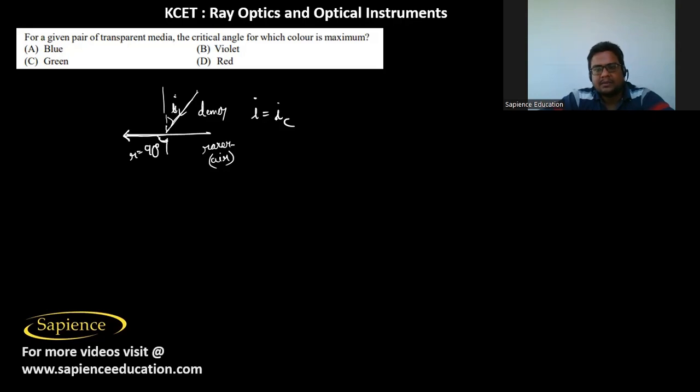The critical angle will be iC if the angle of refraction in the rarer medium is 90 degree when the ray goes from denser to rarer medium.